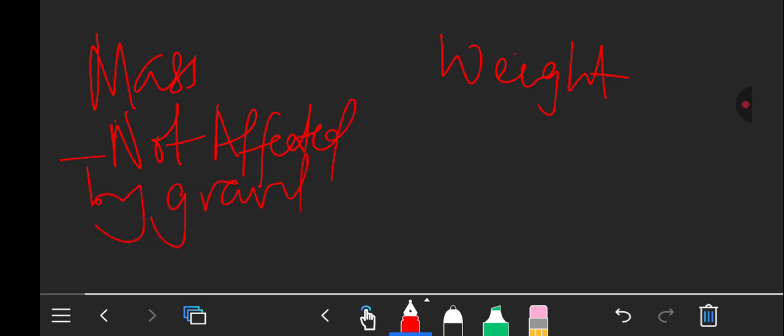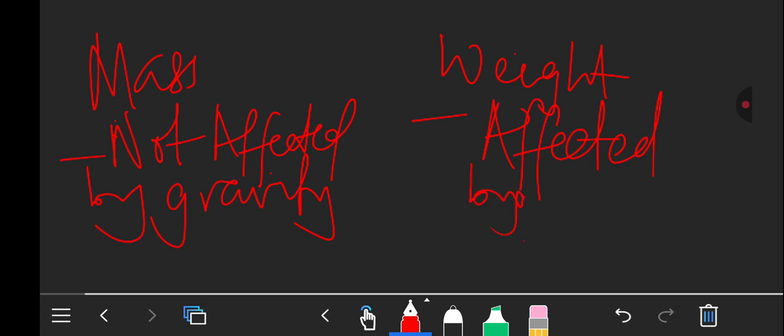Mass is not affected by gravity. Weight is affected by gravity. It is affected by the force of gravity.